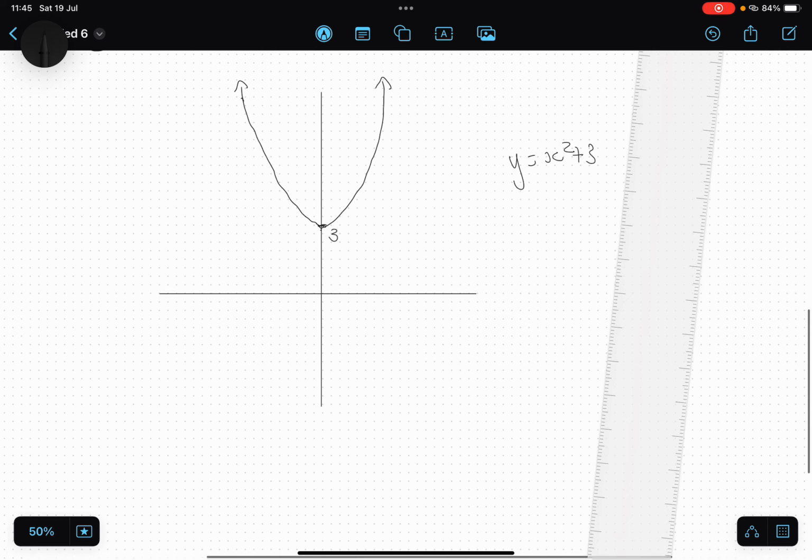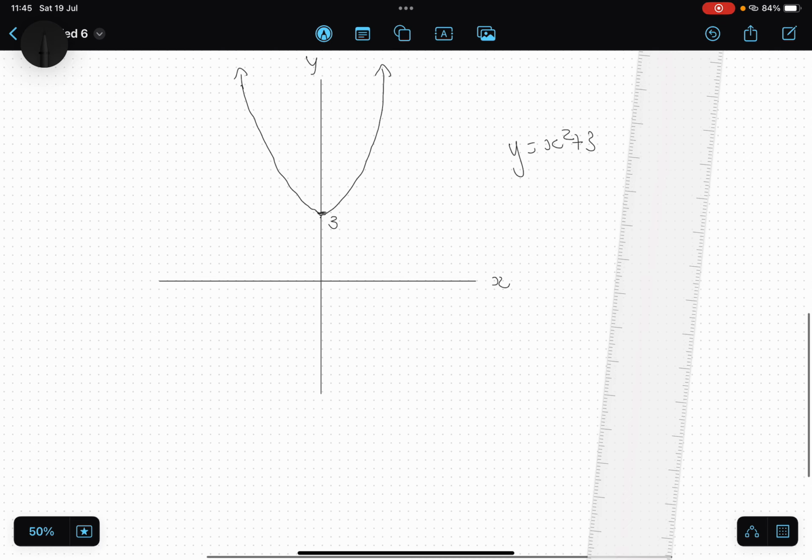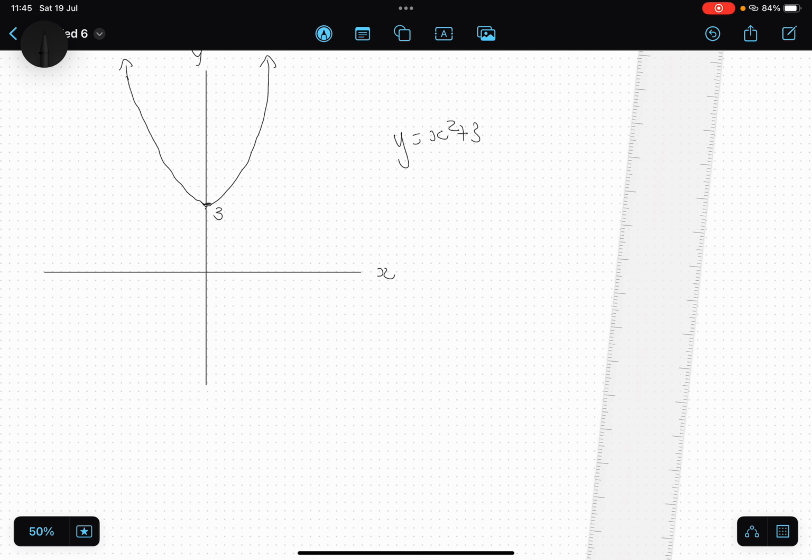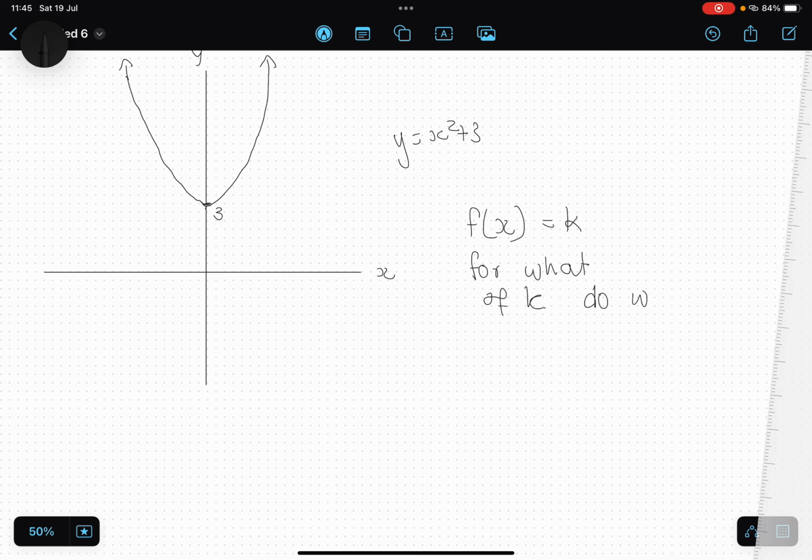Once we know where it is, if they ask us for what value of k we need so that f of x equals k for this function to have, let's say, 2 unequal real roots.